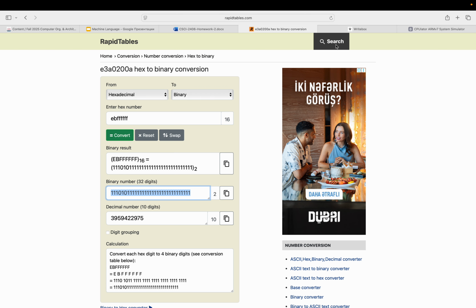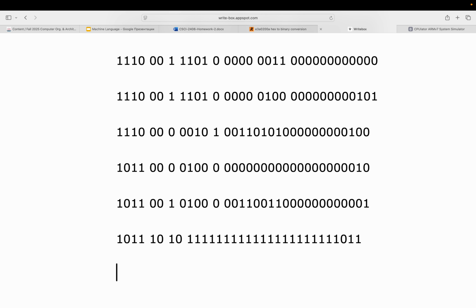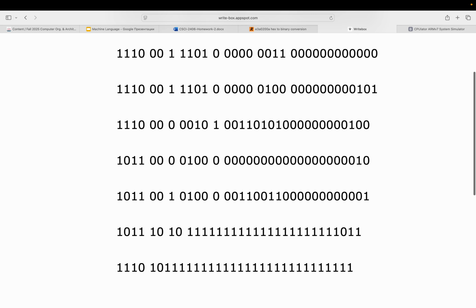Oh, I copied the wrong one. Yes, so what we have so far is no condition. Again, it's a branch instruction. Again, its command is BL, sorry.